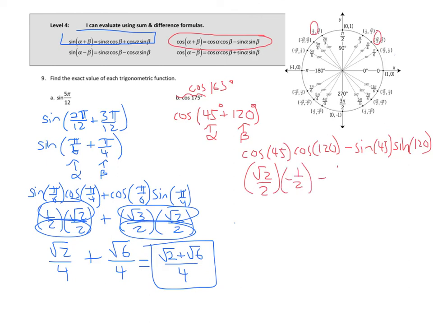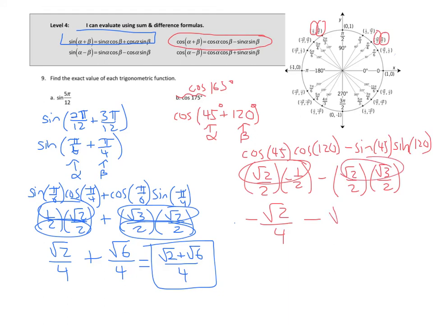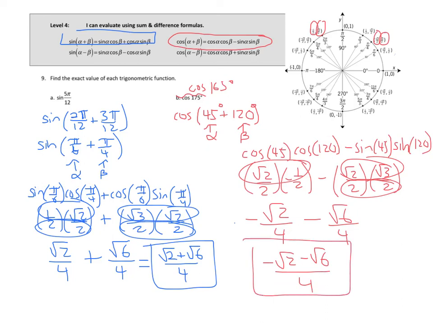Minus sine of 45, which is radical 2 over 2, times sine of 120, which is radical 3 over 2. And I simplify, multiply the tops, we get negative radical 2 over 4, minus, multiply the tops, we get radical 6, and the bottom over 4. And then combine those, we get negative radical 2 minus radical 6 over 4. So that's it.